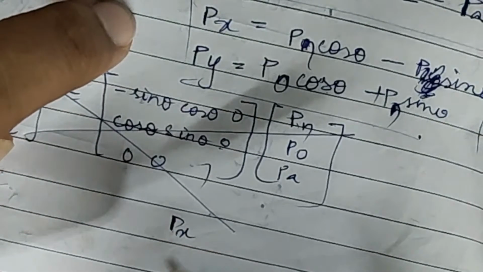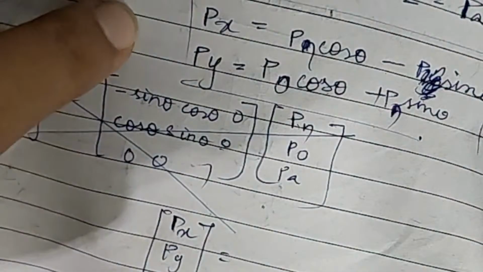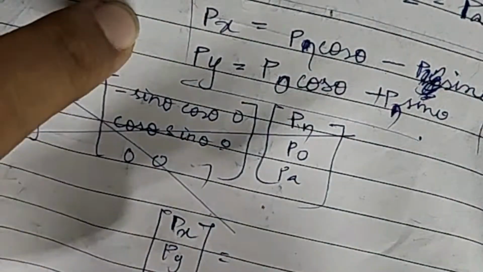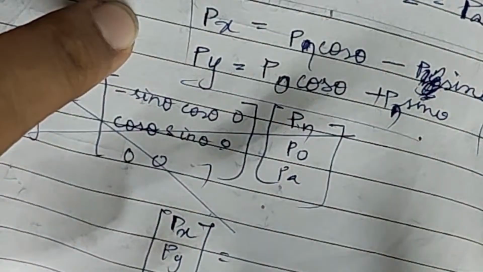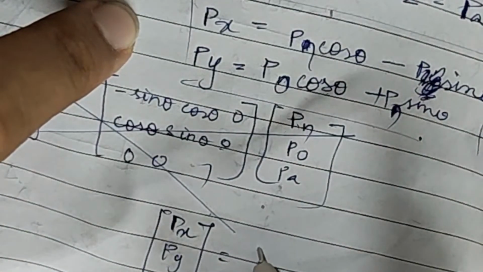So yeah, Px, Py, Pz, that would equate to some matrix, and then the moving, the rotating frame.